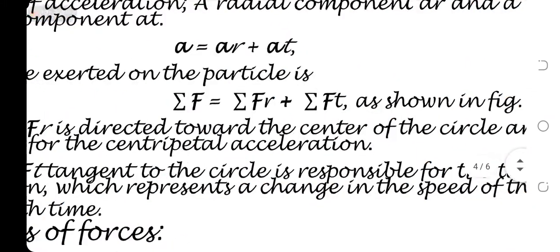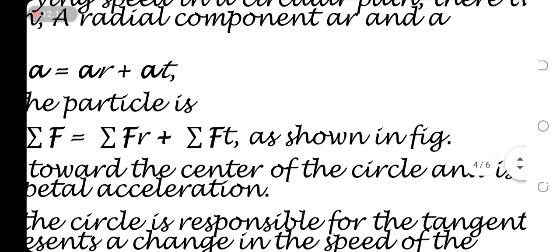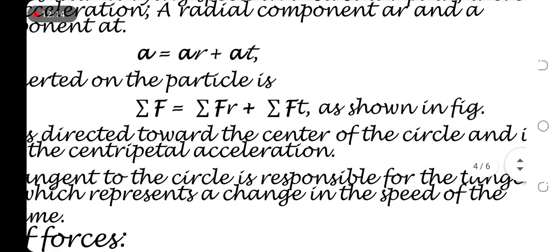In vector form, we can write it in boldface, or even in handwriting, we can put an arrow above the accelerations: a = a_r + a_t, where r is the radial subscript and t is the tangential subscript. There are two accelerations because these accelerations are produced under the action of force. So there must be two forces.